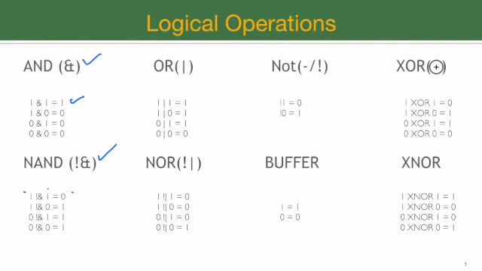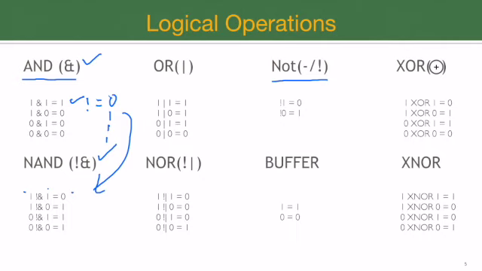A simple way of understanding the NAND operation is actually having the AND operation and then after that performing a NOT operation. So you notice that in the NOT operation, we convert 1s into 0s and 0s into 1s. So if we apply a NOT operation here, what will we get? We will get a value of 0. Similarly, NOT of this 0 will be 1, 1, and 1. And this is our NAND operation.